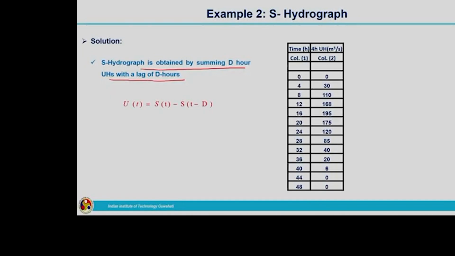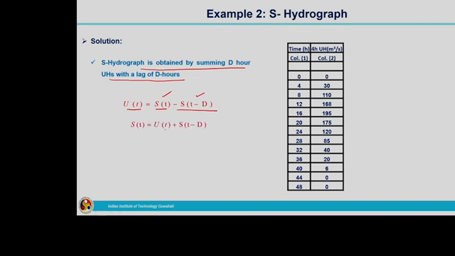The ordinate of unit hydrograph is given by S(t) minus S(t minus D). That is, the ordinates of unit hydrographs are summed up together to form the S hydrograph. We can get the ordinate of unit hydrograph by subtracting the ordinate of the S hydrograph at t minus D from S(t). This S(t minus D) is nothing but the S curve addition.